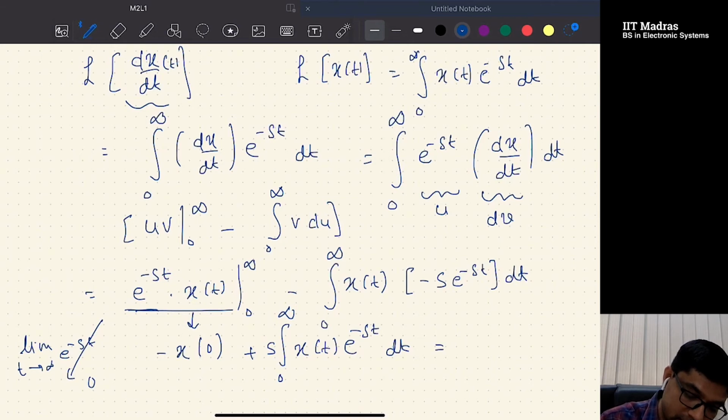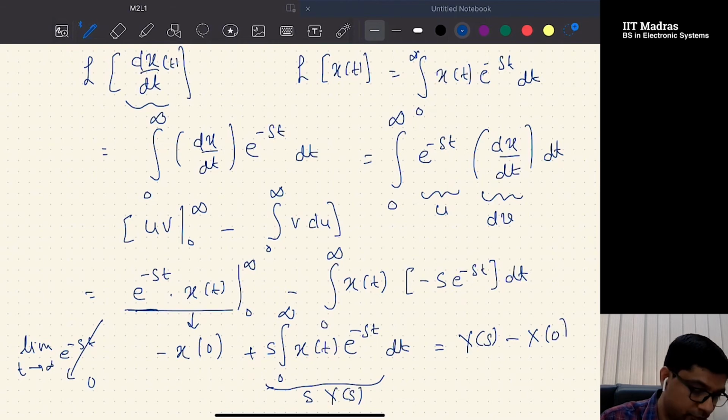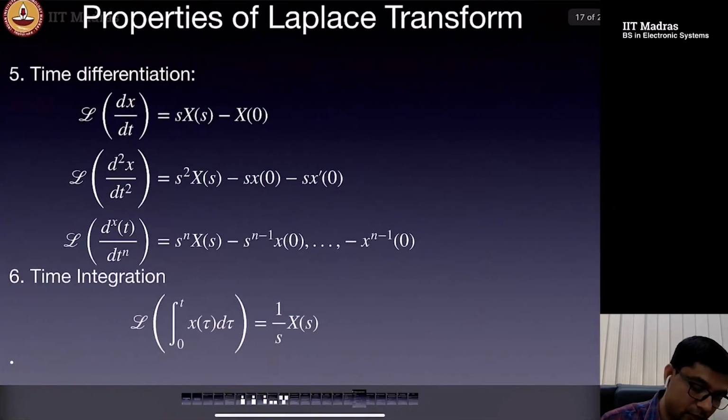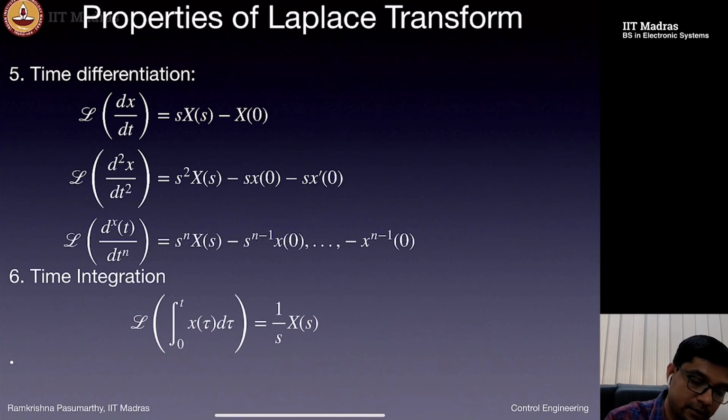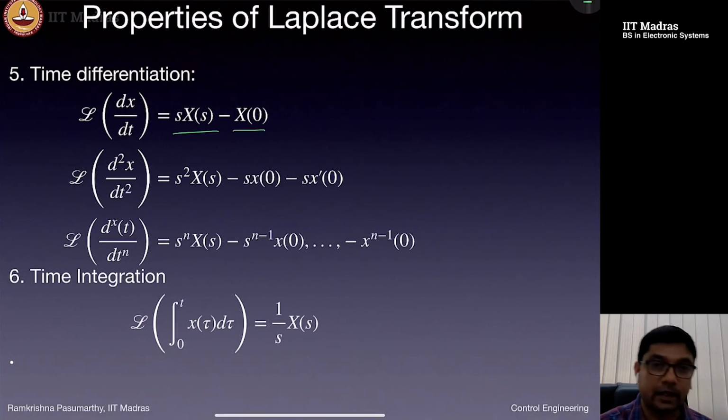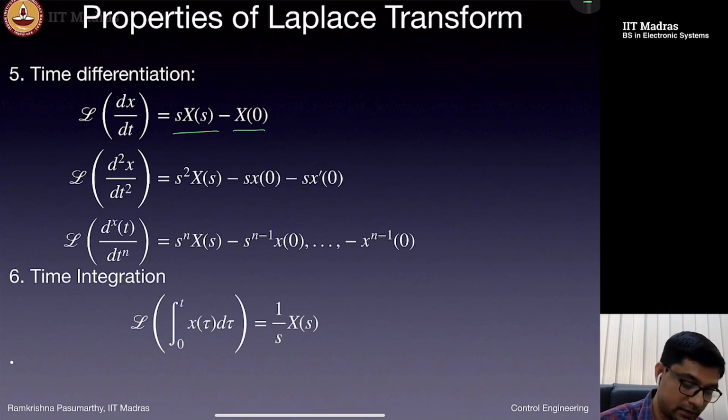Okay, so this is nice. This is just s times X(s) minus x(0). So let's go back and check what we have written here. The Laplace transform of dx/dt is s times X(s) minus x(0). I can then go for higher derivatives.